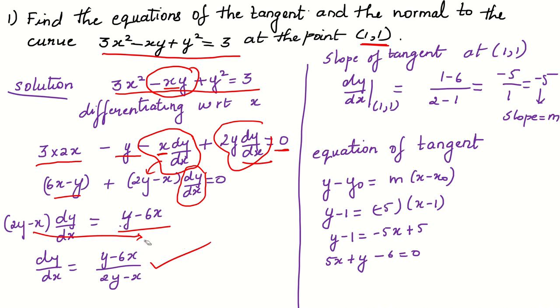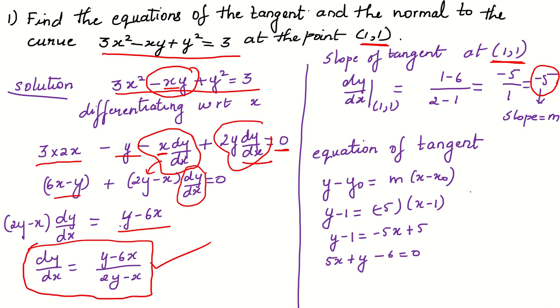Next step, you have now got dy by dx as this, right? And this is the slope of the tangent. Now I want to find the slope of the tangent at the point 1 comma 1 specifically. So I substitute the values of x and y and I get my slope, which is minus 5.